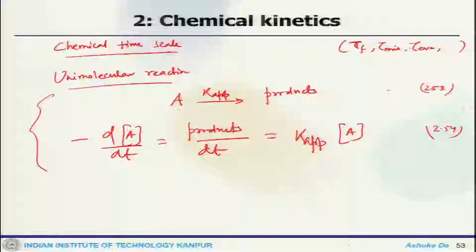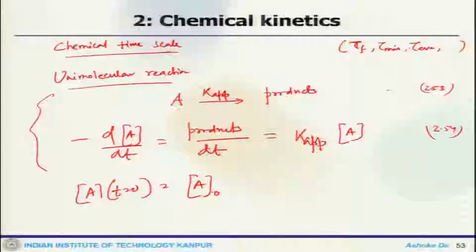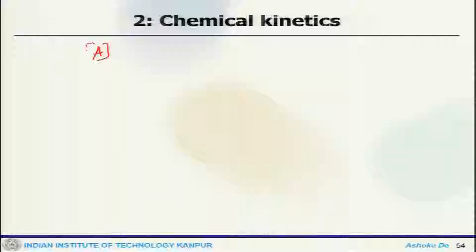Now, what you can do is integrate this, assuming [A] at time zero is the concentration A naught. We integrate to find out what happens. Then the concentration at any time t would be A naught times exponential of minus k t.